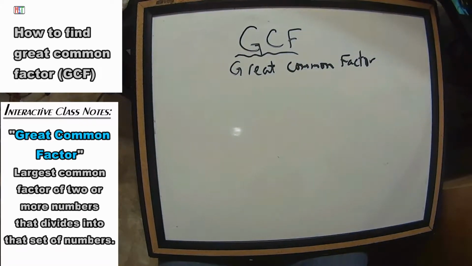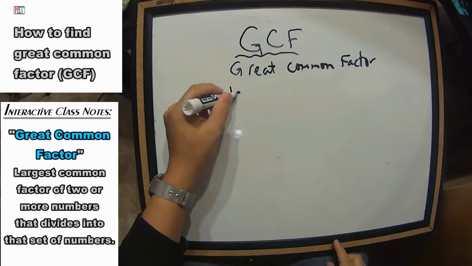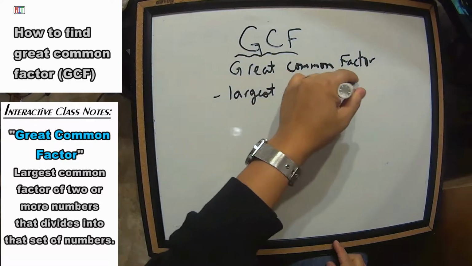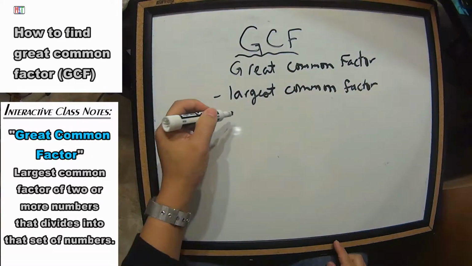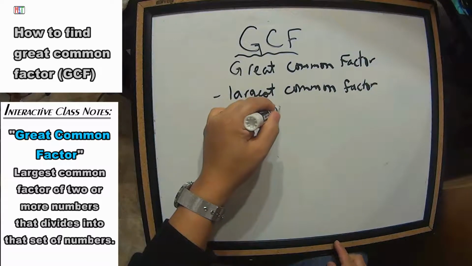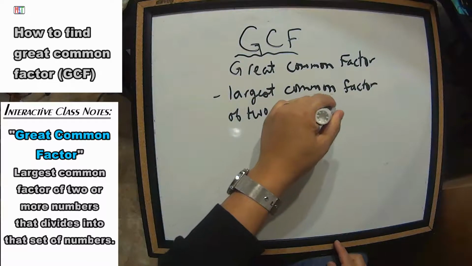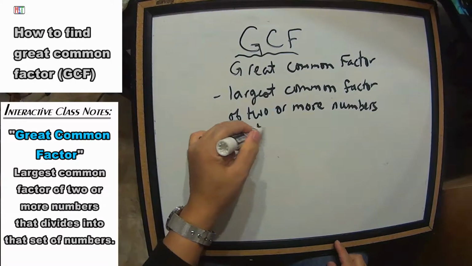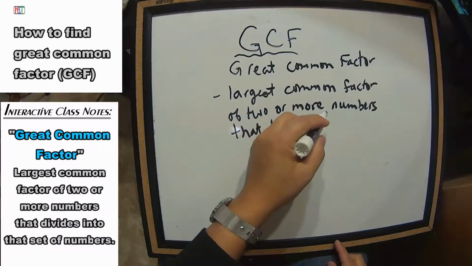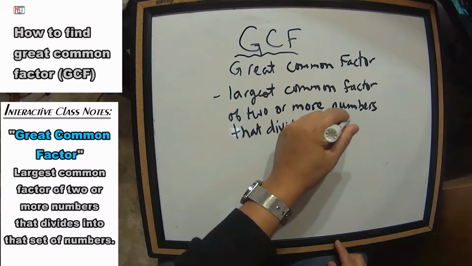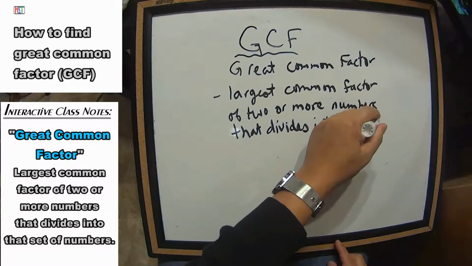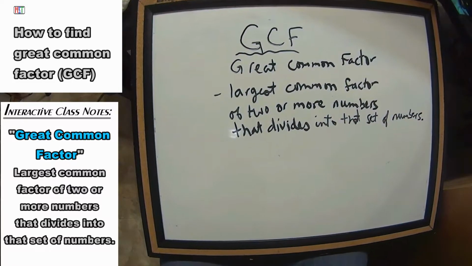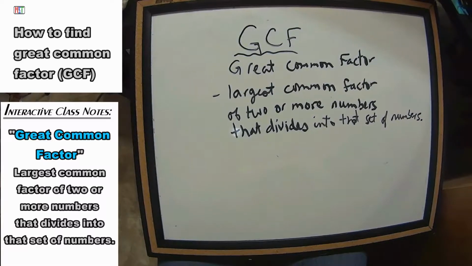It's the largest common factor of two or more numbers that divides into that set of numbers. Right? That's a mouthful, but let me give you some illustration.